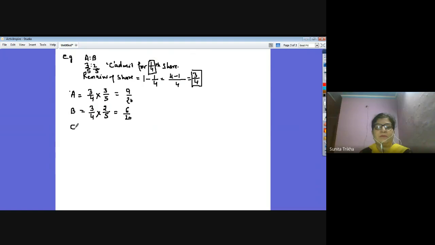Now C has a new share of 1/4, but to equalize the denominator, you multiply it by 5, which gives 5/20. So how to write down the answer? The answer will be A:B:C, the new ratio will be 9:6:5.